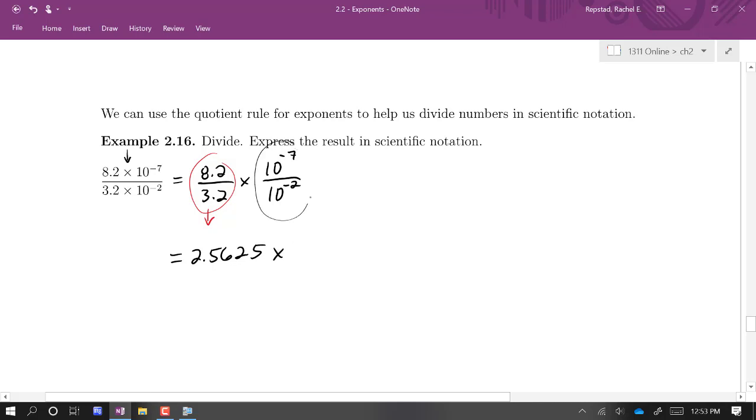And for this, I'm going to use our property that says if I'm dividing expressions with the same base, I can subtract the exponents. Negative 7 minus a negative 2 is negative 7 plus 2, or negative 5. So this is 10 to the negative 5th power. And there's the result.